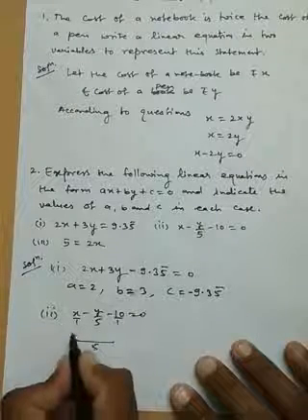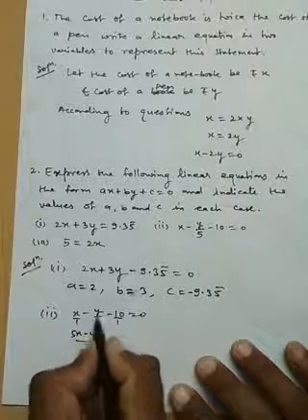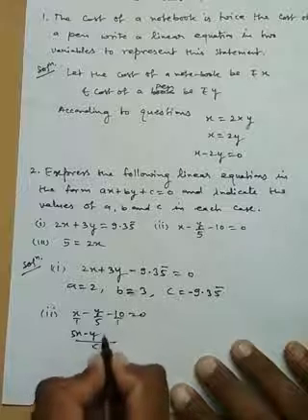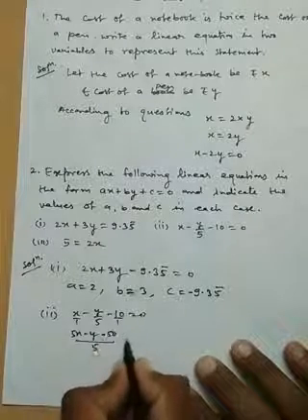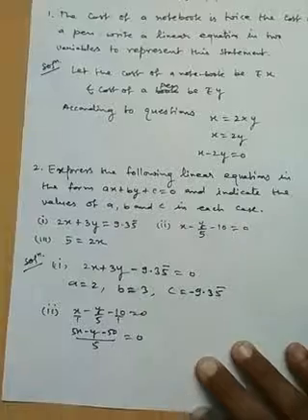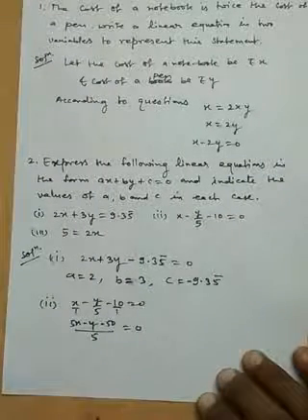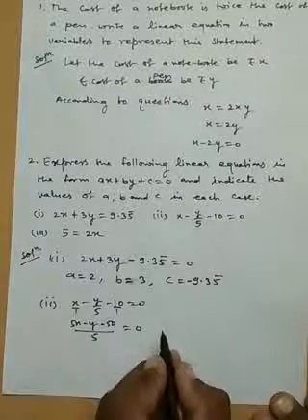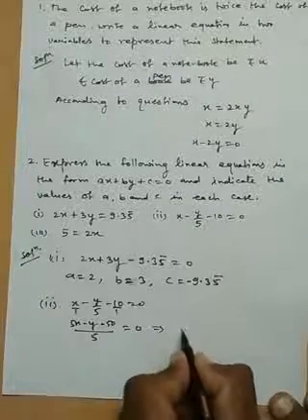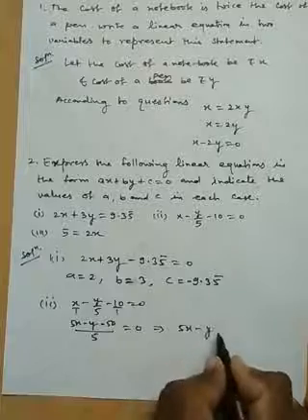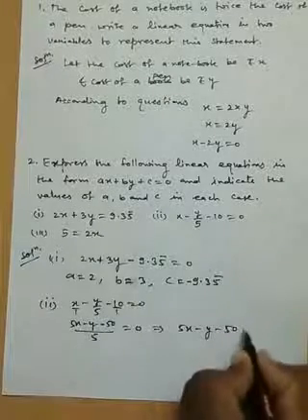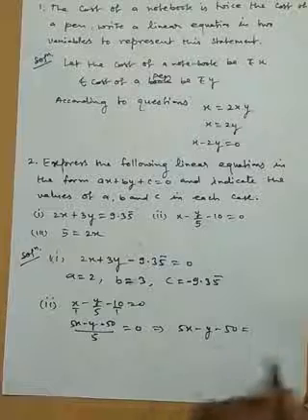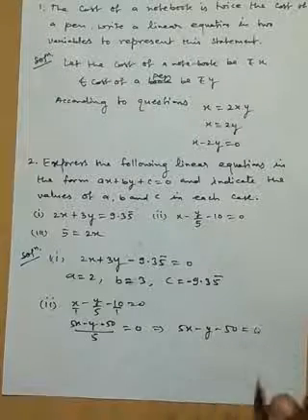So 5x minus y and 5 into 10 is 50, equal to 0. Again cross multiplied, so 5 into 0 is 0. 5x minus y minus 50 equal to 5 into 0, which is 0.